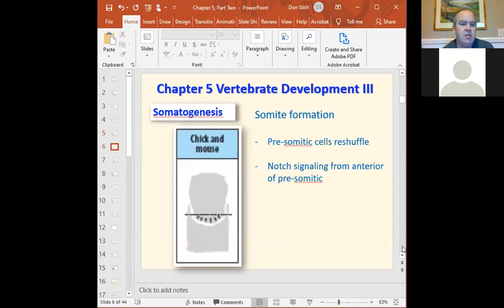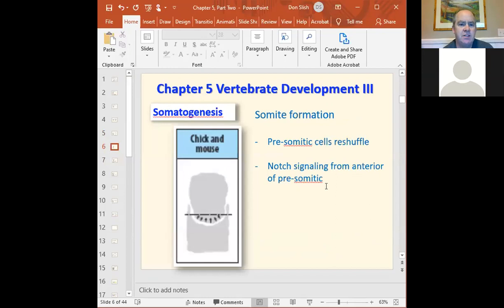And you get separation of that solid strip of mesoderm into individual somites. That happens because of Notch signaling. You've got Notch on one side and Notch ligand on the other side. Notch ligands are Serrate and Delta. Usually we talk about Delta.